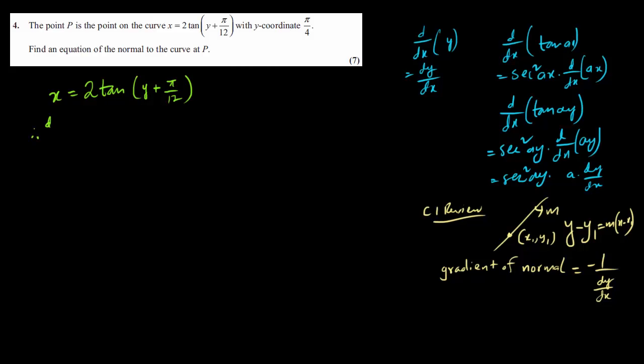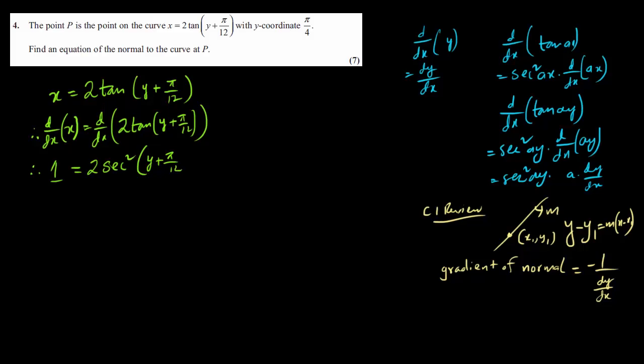If we differentiate both sides, it would be d by dx of x on this side and d by dx of 2 tan theta, y plus pi by 12, on the other side. d by dx of x is 1, and d by dx of 2 tan theta is 2 sec squared theta times the chain rule, which is d by dx of the angle, y plus pi by 12. So this is going to be 1 equals 2 sec squared of y plus pi by 12.